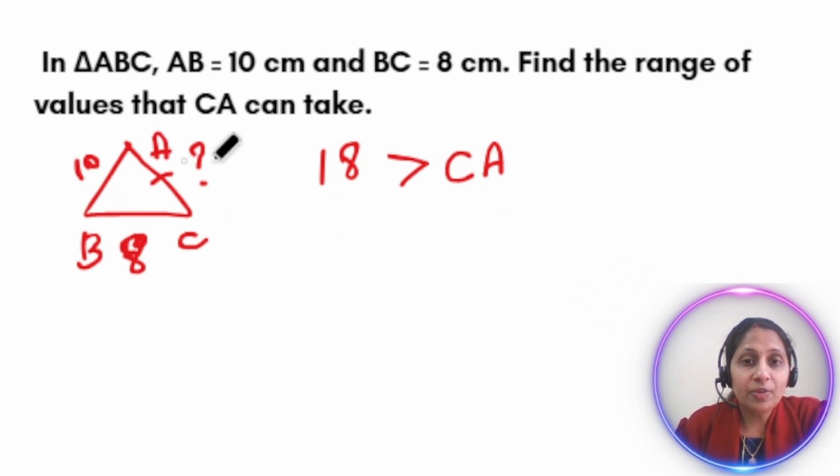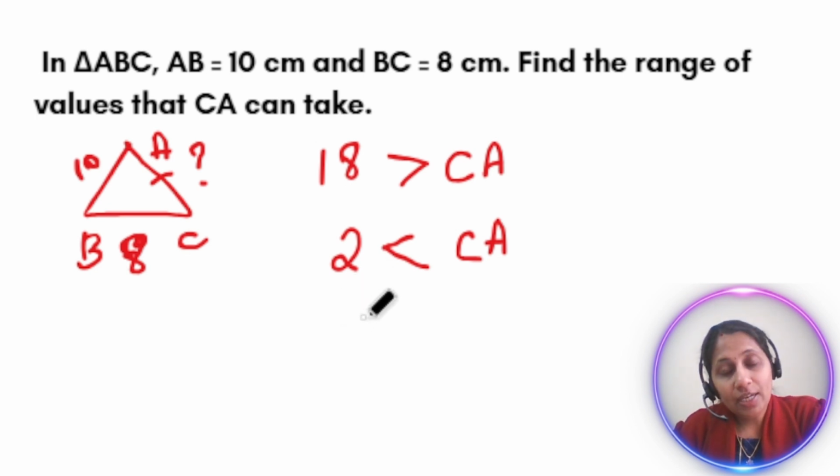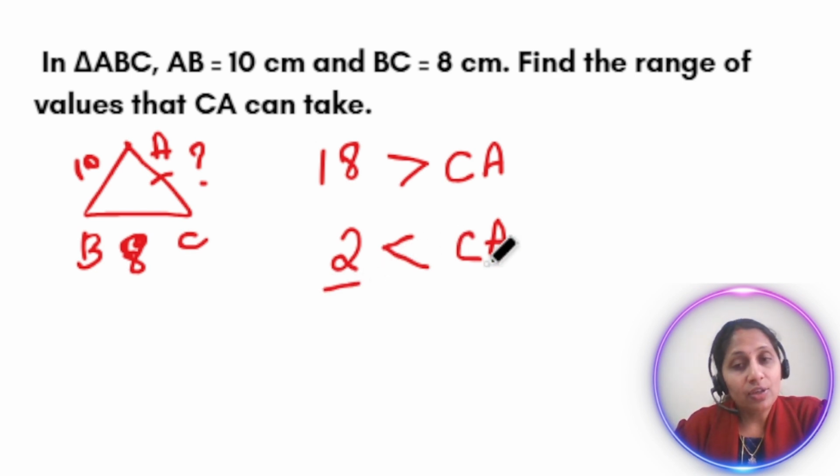Now the difference between the two, 10 minus 8, is nothing but 2. This third side, CA, should be more than 2 centimeters, because we know that the difference between the two sides should be less than the third side.